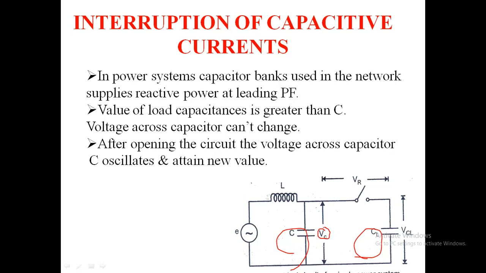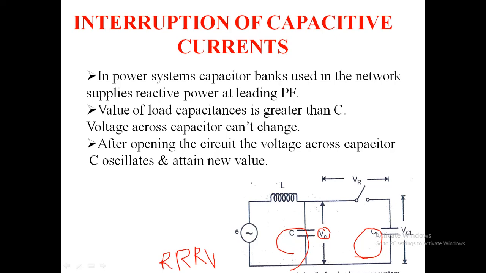The current supplied to the capacitor will be generally small, and the interruption of the current will take place at the first current zero. Also, the RRV, rate of rise of recovery voltage, will be low and increases slowly.